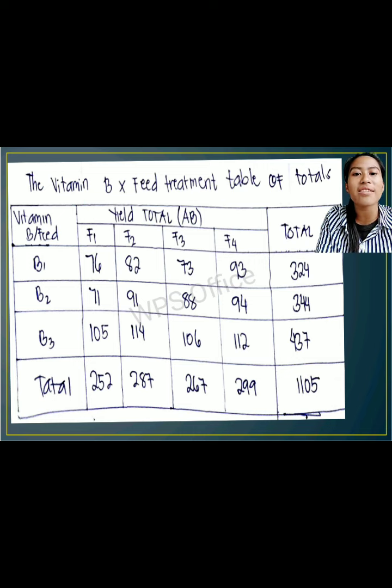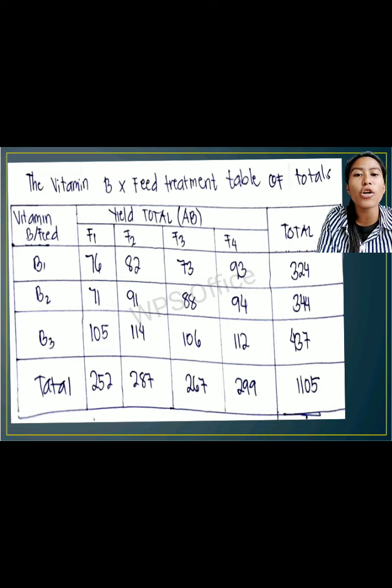Then, follow the next line, row 2, B sub 2: feed treatment 1, 71 plus feed treatment 2, 91 plus feed treatment 3, 83 plus feed treatment 4, 94 equals 344.